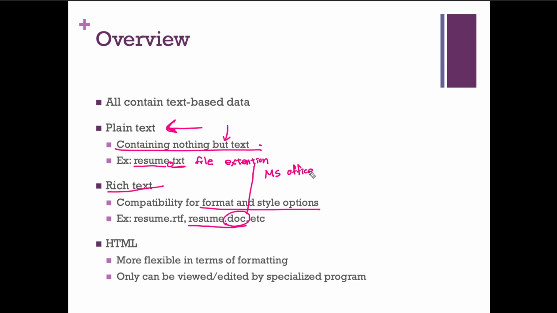We notice that any document with a .doc, oh, that's a Microsoft document. Or sometimes there is a .rtf, which stands for rich text format or rich text file. These two, in this rich text, can contain not only the text but also format and styles in it together.